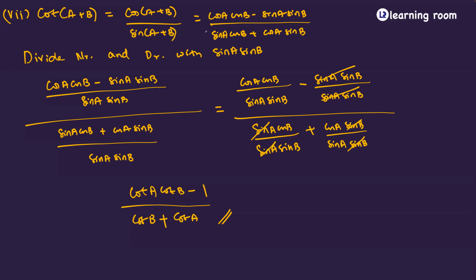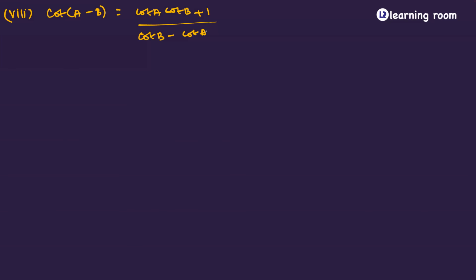A got cancelled first, then B got cancelled. Okay, so that is why B will be left out first. So B is left out first and A is left out next. Okay. So for this, I'm not showing the proof. It's a similar kind. Okay, you can use both the methods to solve it. Shall I proceed?